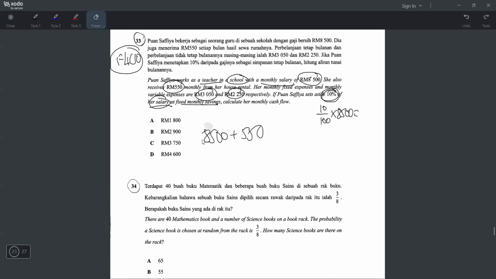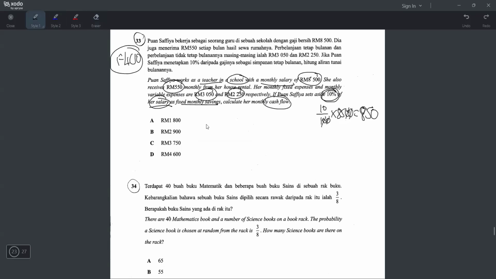Sometimes the question can come out like this. So you have to read carefully. 10% of what? So of the salary, right? It means you only take 10% from the active income, not including the passive income 550. Okay, so hope we understand. So potong, potong, you will get 850. That means the amount of savings is 850.